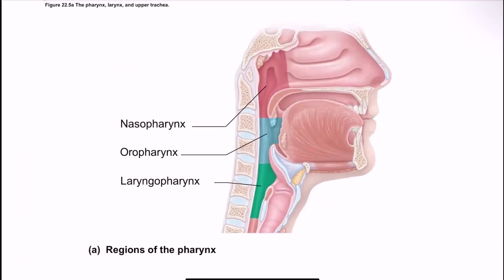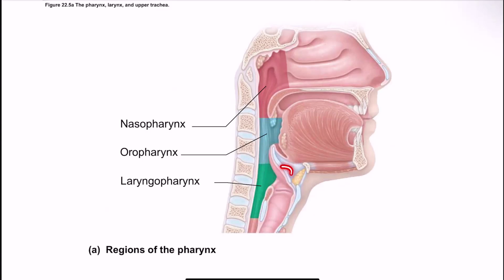Before we get too into it, I want to remind us of some structure and function here. In the digestive system, we just learned that we chew up our food, we form a bolus, and then that food travels down into the esophagus. One of the things that is not so great about food is that it passes right by our windpipe. That's this front one here. In order to prevent food from passing into our windpipe, we have this structure called the epiglottis.